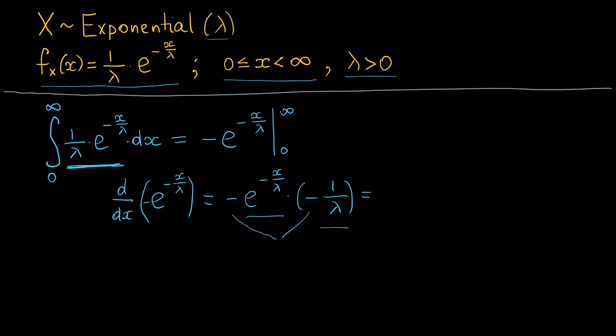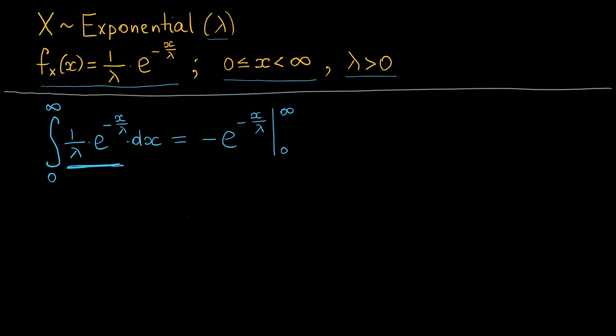Okay, so then we did integrate this correctly. Now this expression evaluated at infinity will give us minus e to the power of negative infinity over lambda. E raised to the power of negative infinity is going to give us 0.